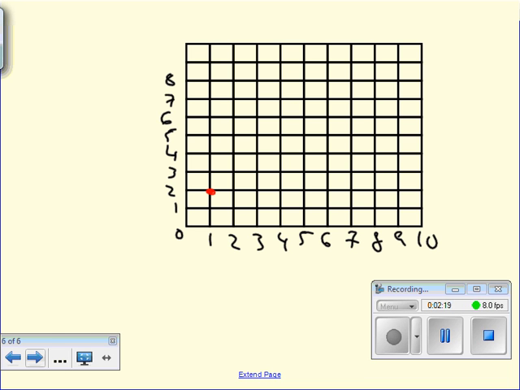Like so. I have a point here that goes from 1, 2, and then I have another point. Let's make it here at 3 and 5. And so this is my line. And I want to find the slope of this line.